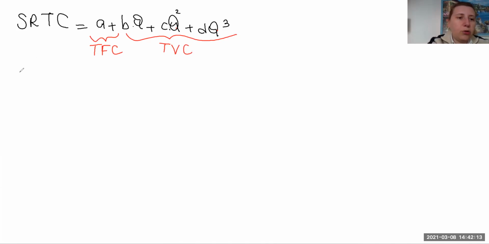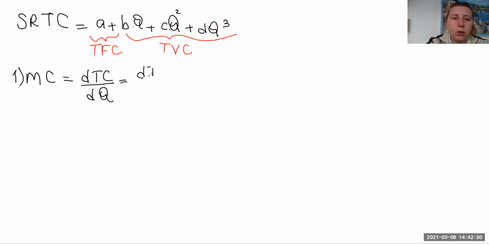And let's start with the marginal cost. The marginal cost is the first derivative of the total cost function with respect to Q, or the first derivative of the total variable cost function, because when you differentiate a constant, you will get 0. So it's just the same.